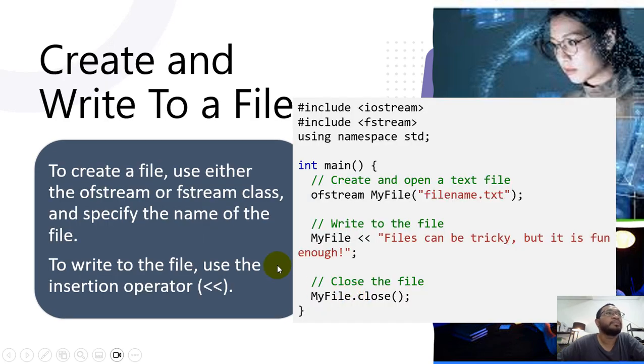So the example to write to file, for example, ofstream myFile finance.txt, you will create a new file named finance.txt. So what is the content of this file? File can be tricky, but it's fun enough.